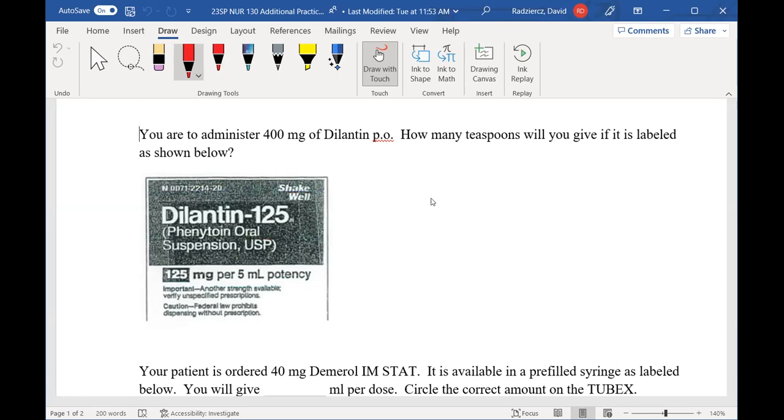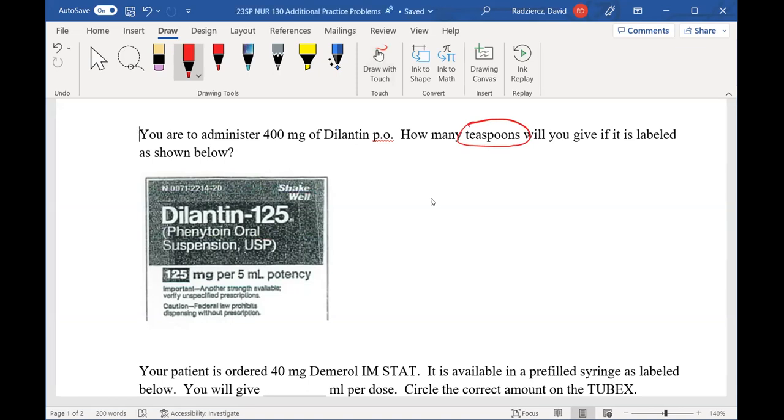You're going to need to know that you're looking for a particular medication, and you need to make sure you're writing your units. Now when a question specifically asks you to look for teaspoons, I imagine that would be given to you. Otherwise, you would just solve for milliliters.